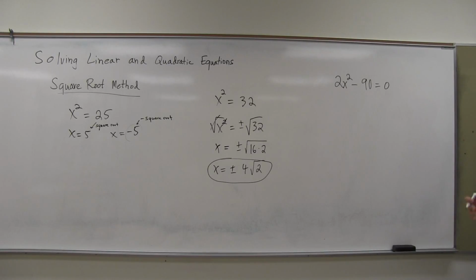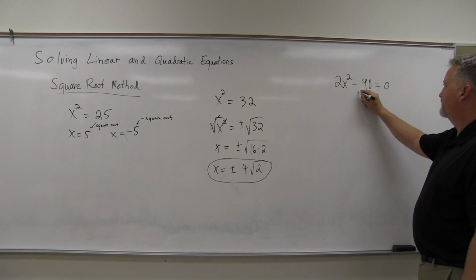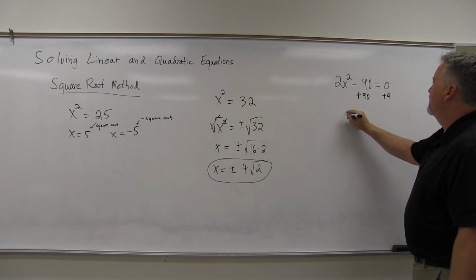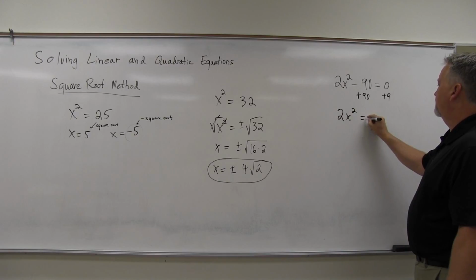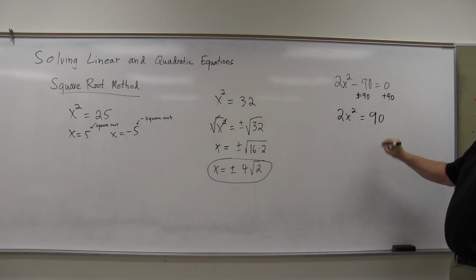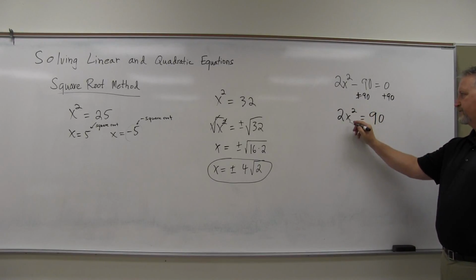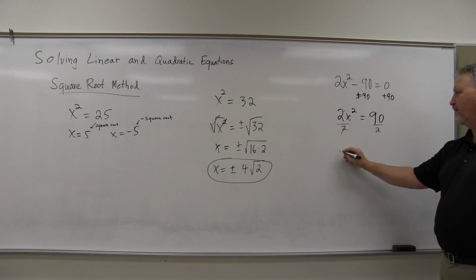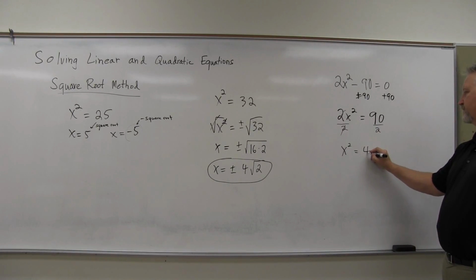Kind of the opposite of what to do with factoring, but that's the way this works. So I'm going to add the 90. And so that would be 2x squared on the left. 0 plus 90 is 90. And then I want the x squared all the way by itself, so divide by the 2, we've got x squared equals 45.